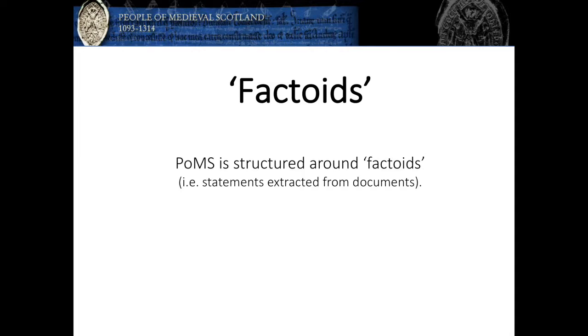However, unless that person is specifically referred to as my tenant or something similar, no relationship has been entered in PoMS. The same is true of titles, relationships, terms of tenure, and so on. The PoMS database therefore presents the people and their actions exactly as they appear in the documents themselves.